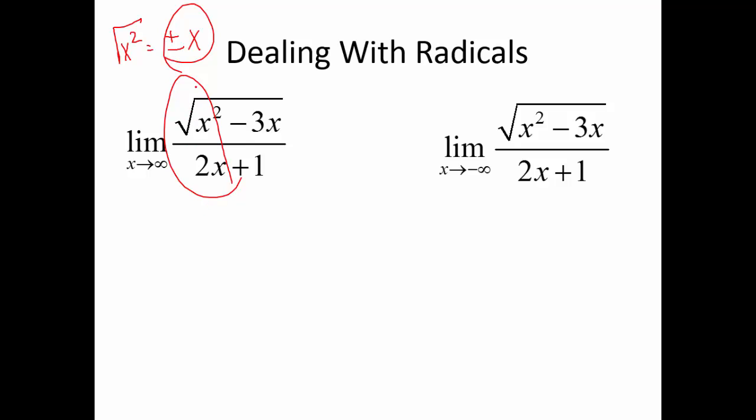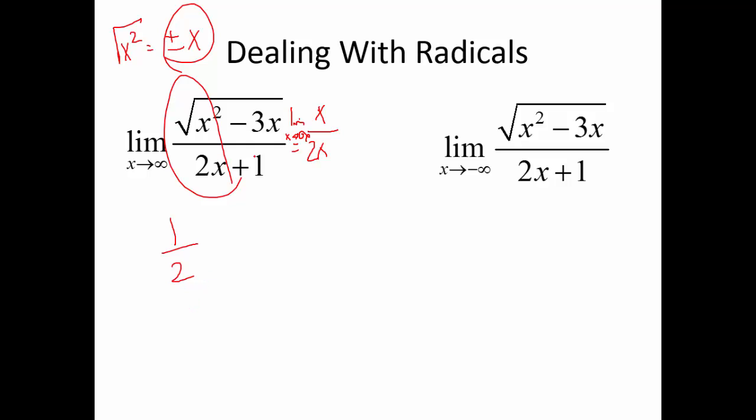All right? So that means this is basically like x over 2x, the limit as x goes to infinity of that. So we really have our tie again, so we're going to use 1/2 to be our limit. Or are we? We just want to double check and make sure it's positive 1/2 and not negative 1/2.